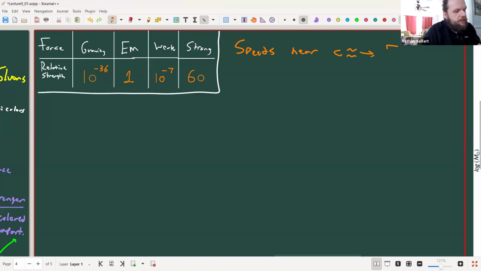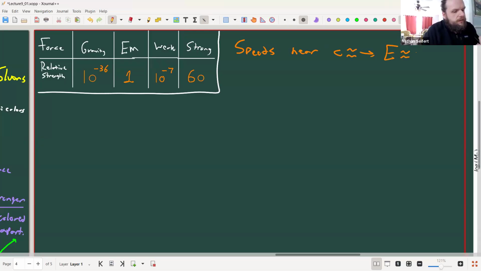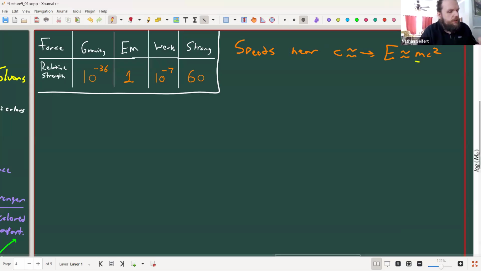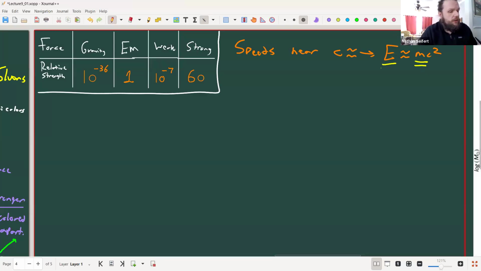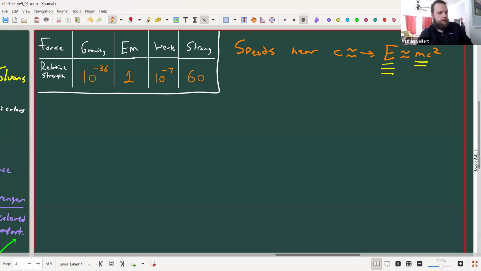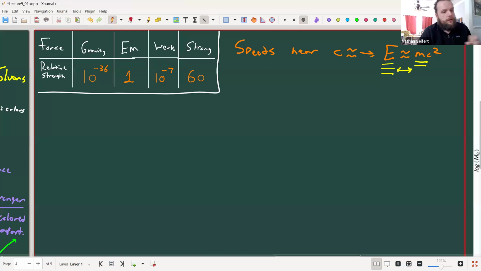We can always write that the energy is equal to mass times c squared. We always come back to this. This is super important. The idea is that we shouldn't think about things so much as an object with mass anymore necessarily, but an object also with energy. These are interconnected with each other.